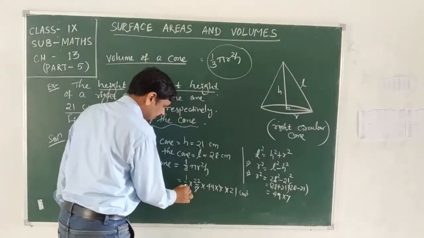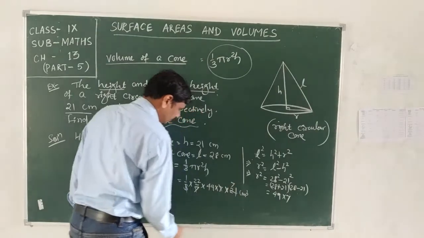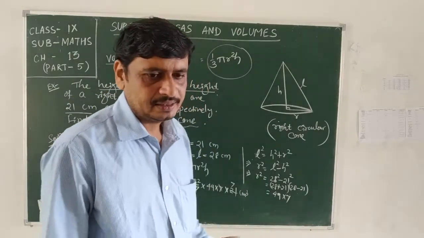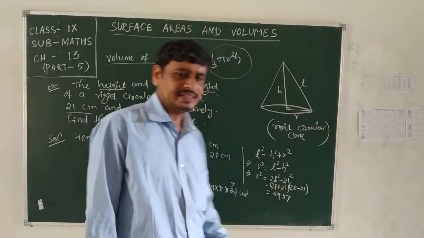Seven cancels, 3 7s are 21. It is 22 into 49 into 7 which becomes 7546 cm cube.